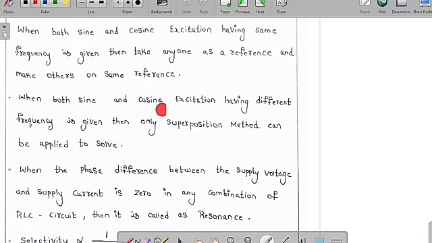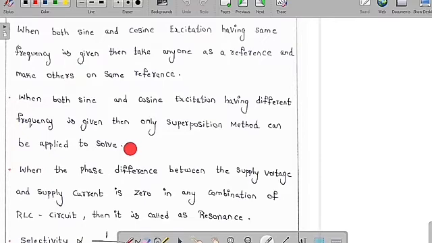When both sine and cosine excitation having different frequency is given, then only the superposition method can be applied to solve. Suppose in a given circuit there are sine sources and also cosine sources but of different frequency, then the only way to solve this numerical and find any response is by using the superposition method.